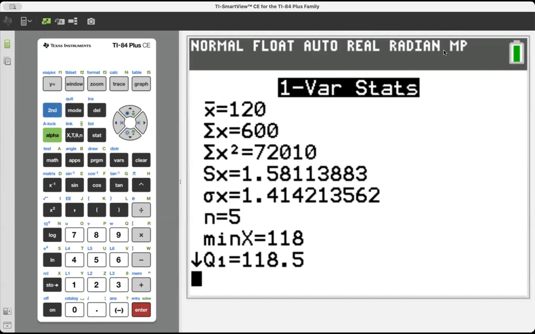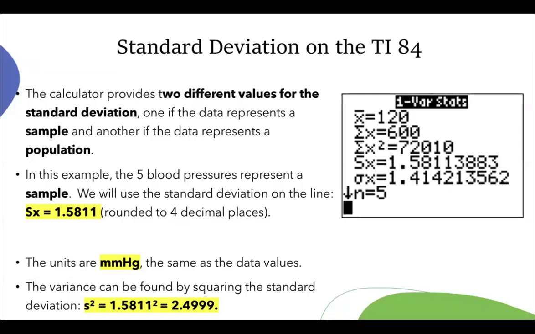So let's go back to the slide. We have different values for the standard deviation, like the calculator shows. We have Sx and we have sigma x, and we choose the one that our data represents.